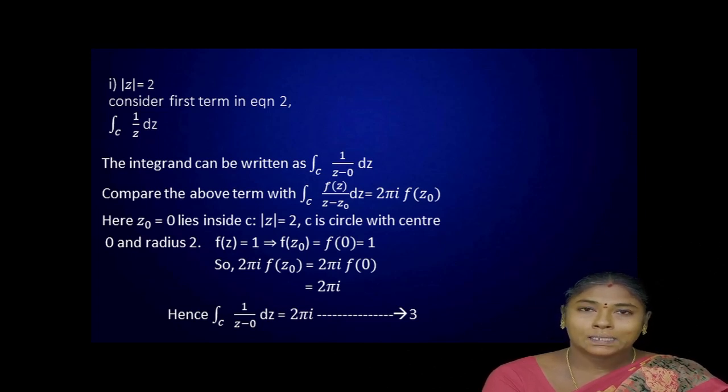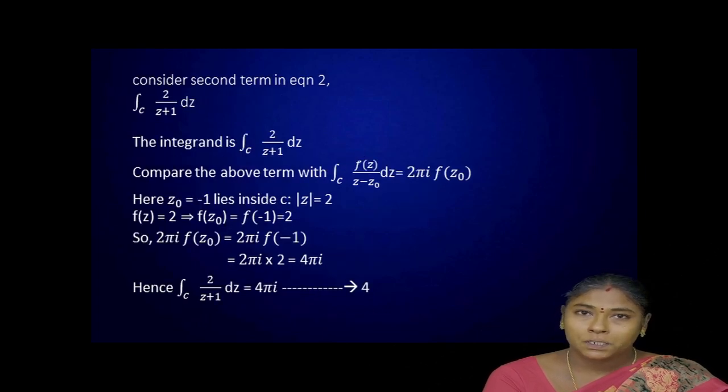Since 0 lies inside the circle mod z equal to 2, Cauchy integral formula is applicable. Since f of z is equal to 1, f of z naught is also equal to 1. So 2 pi I into f of z naught becomes 2 pi I into f of 0, which gives 2 pi I. So the first integral, over C of 1 by z dz, becomes 2 pi I.